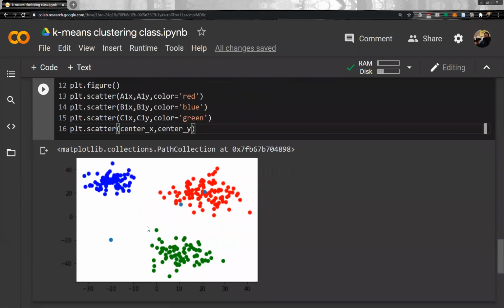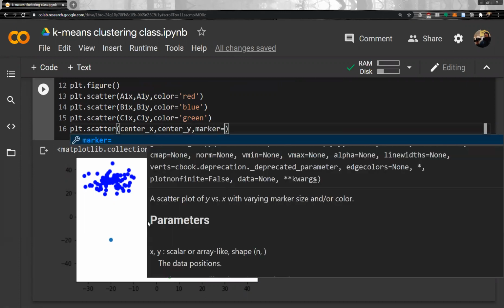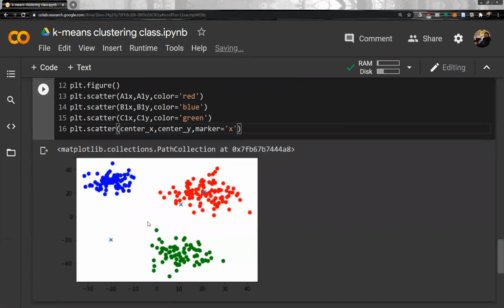Yes, well, it is not so clear. I take center Y, and then let's say marker is X. We have strange center values.